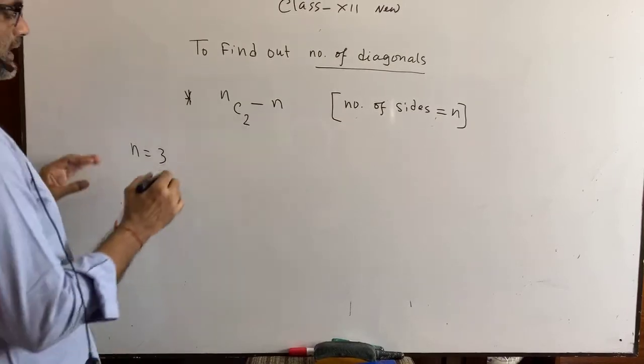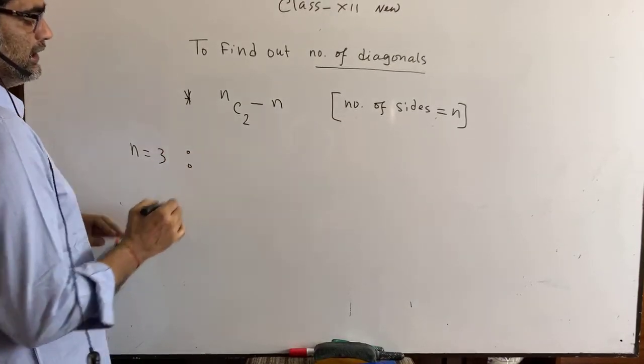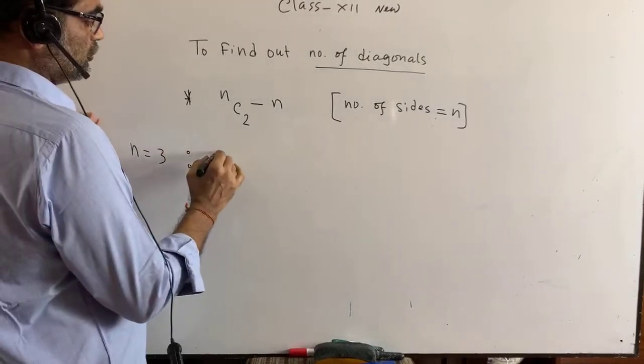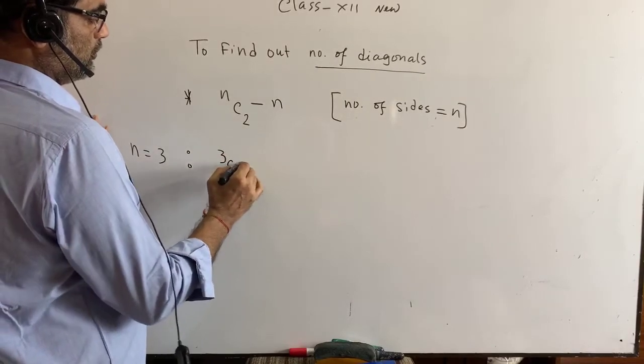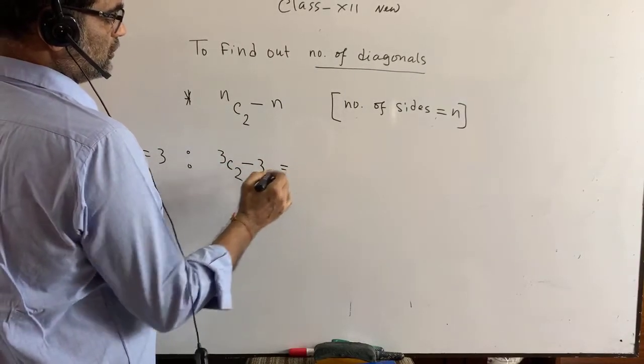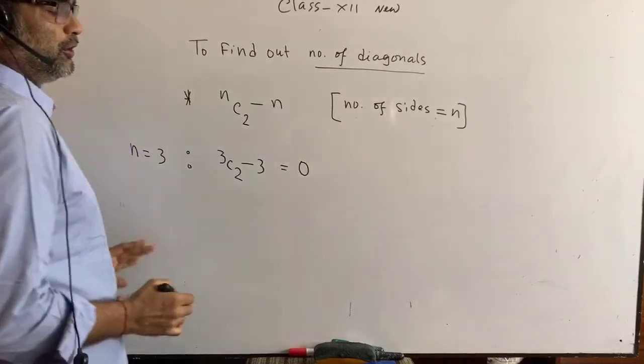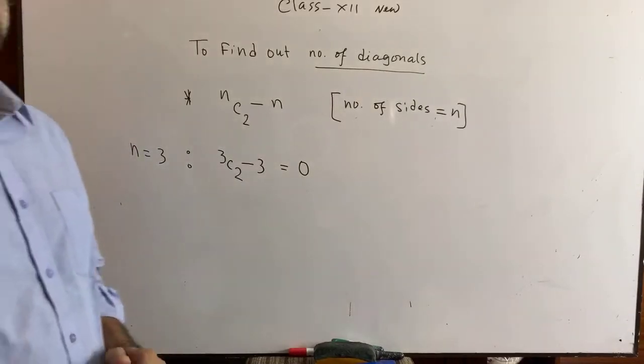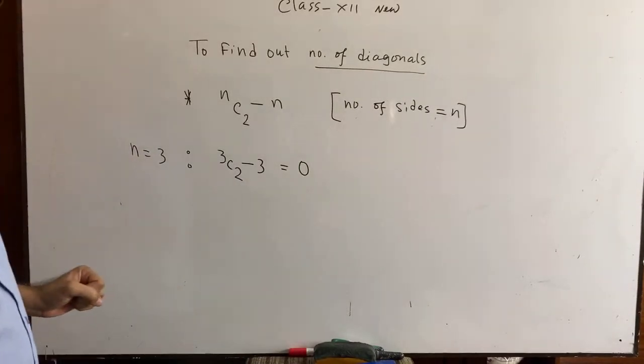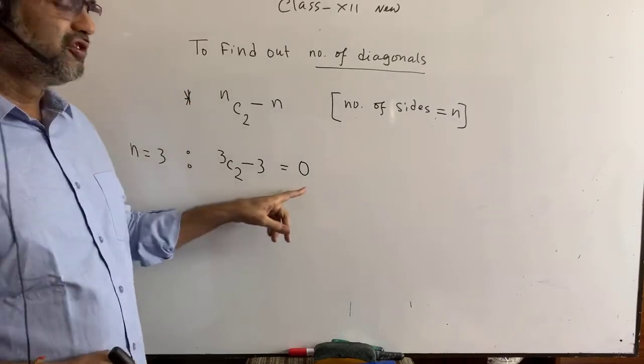Very good. So 3C2 minus 3 is equal to what? 0. And we know a triangle doesn't have any diagonal. That is, the number of diagonals in a triangle is 0.